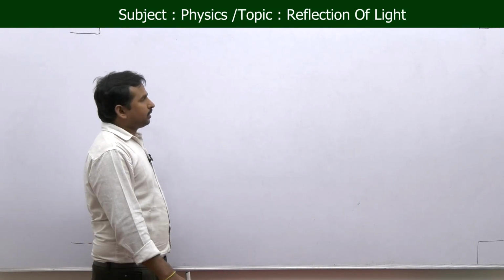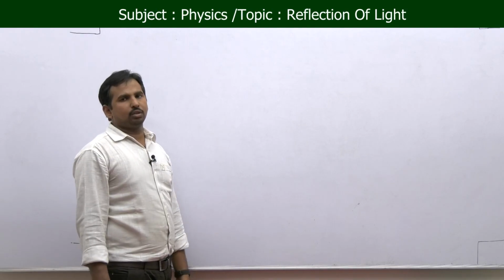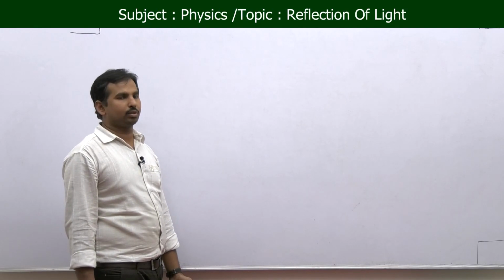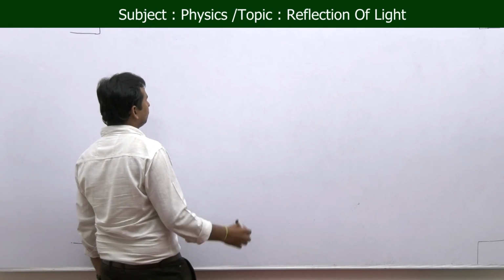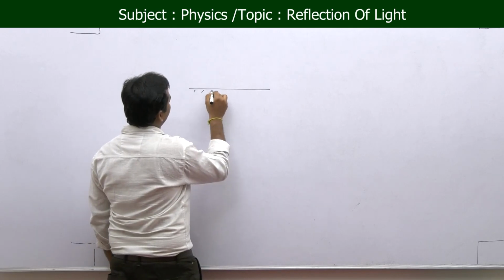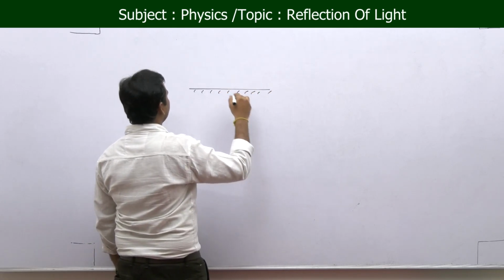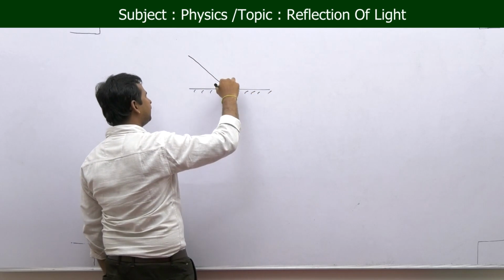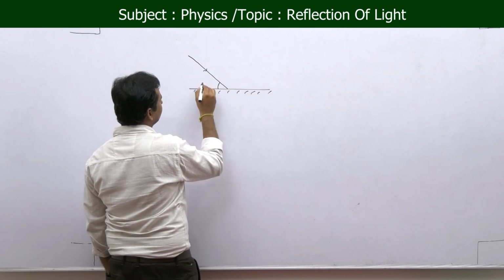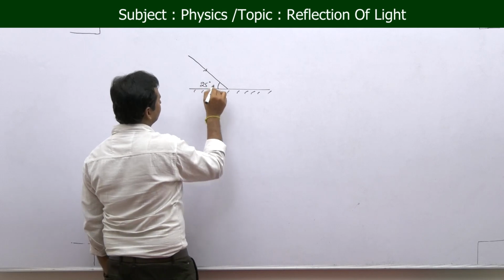Now just like the spherical mirror, we will see on the plane mirror the relation between the angles, and how the questions come. Suppose in the given diagram we have a plane mirror, and the light ray is incident on that plane mirror making an angle with the surface, let us suppose 25 degrees.